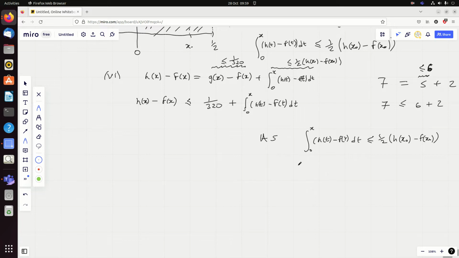Well, then we can deduce that if we were to take it over here, h of x minus f of x minus 1 over 320. As that is smaller than this, and this is smaller than that, then I can say that this is smaller than or equal to half h of x0 minus f of x0.